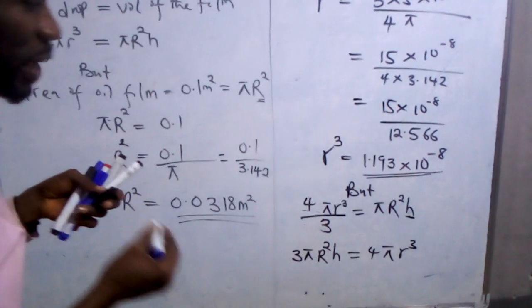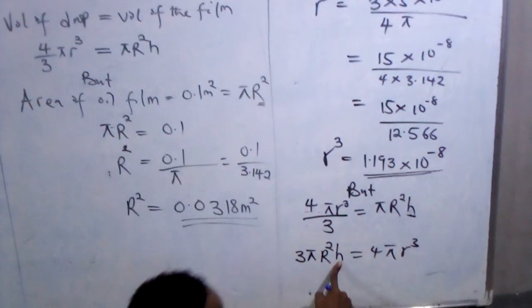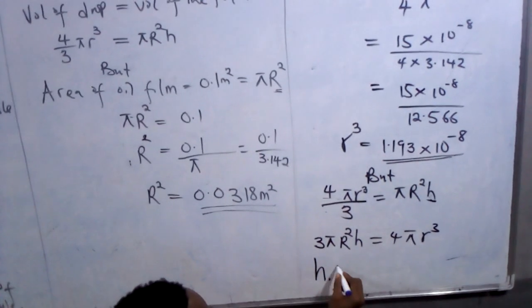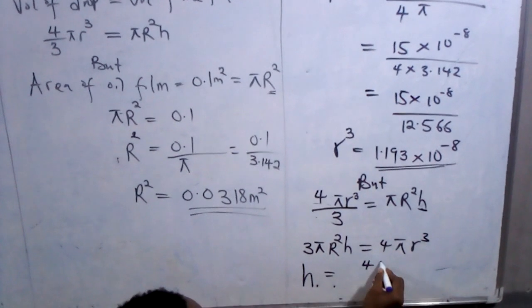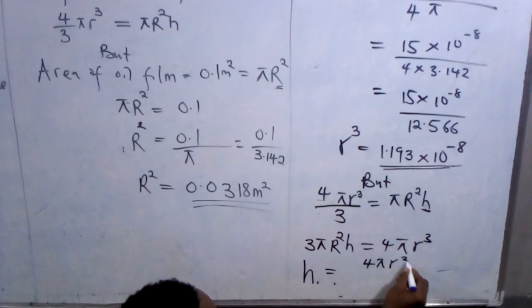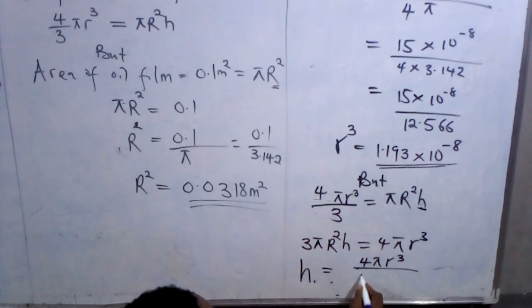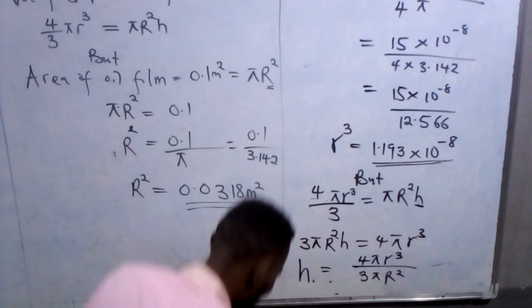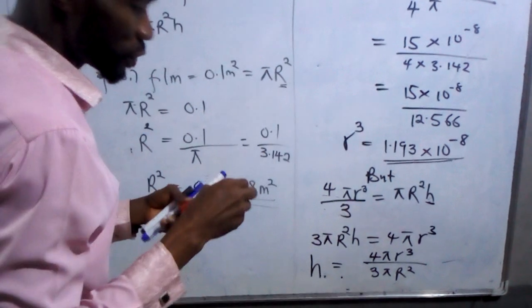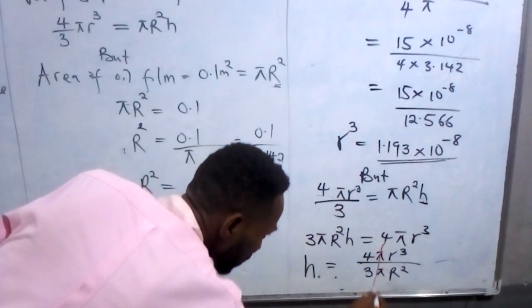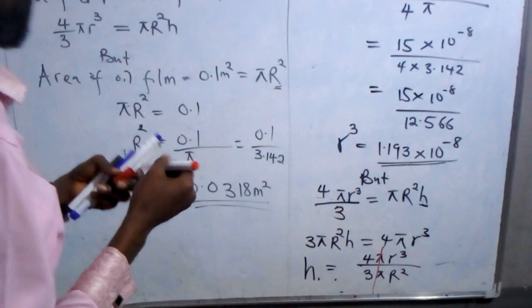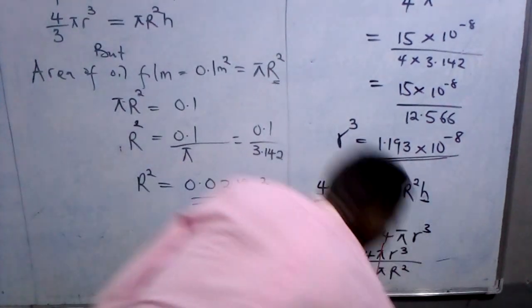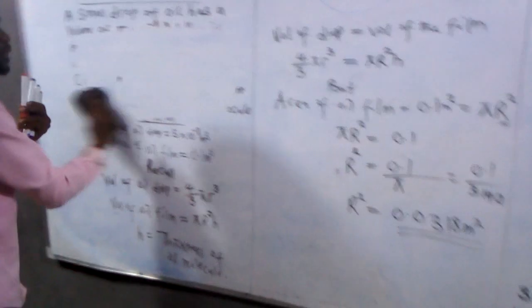This is what we have now, but what we are looking for is the thickness of the oil. So our h will be equal to 4 pi r cubed divided by 3 pi r squared. From what we have here, you see that pi will cancel out. If pi cancels out, we have something like this.